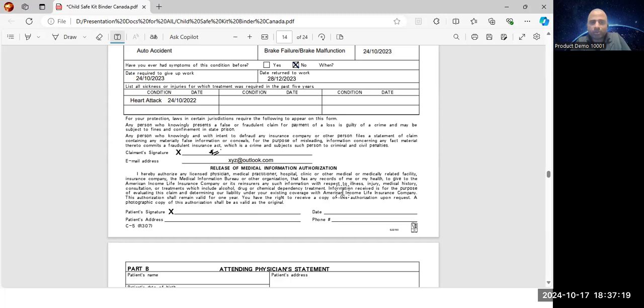This authorization shall remain valid for 1 year. You have the right to receive a copy of this authorization upon request. A photographic copy of this authorization shall be as valid as the original.